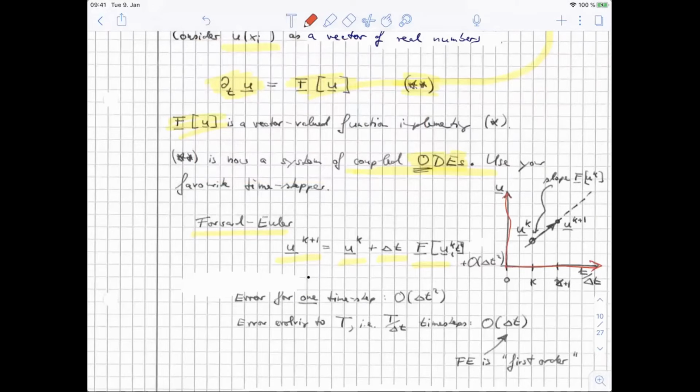And so at time k, you're at a certain point here. And the right-hand side of your equation, the f, gives you the slope. So it gives you a direction in which to go in this u-t space. And in forward Euler, you take the slope and you go linearly along the instantaneous slope until you reach your next time step.